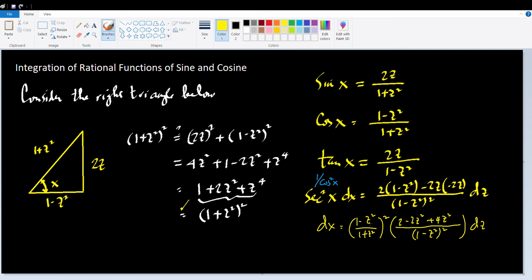So 1 minus z squared raised to the power of 2 over 1 minus z squared, quantity squared. We can cancel that.